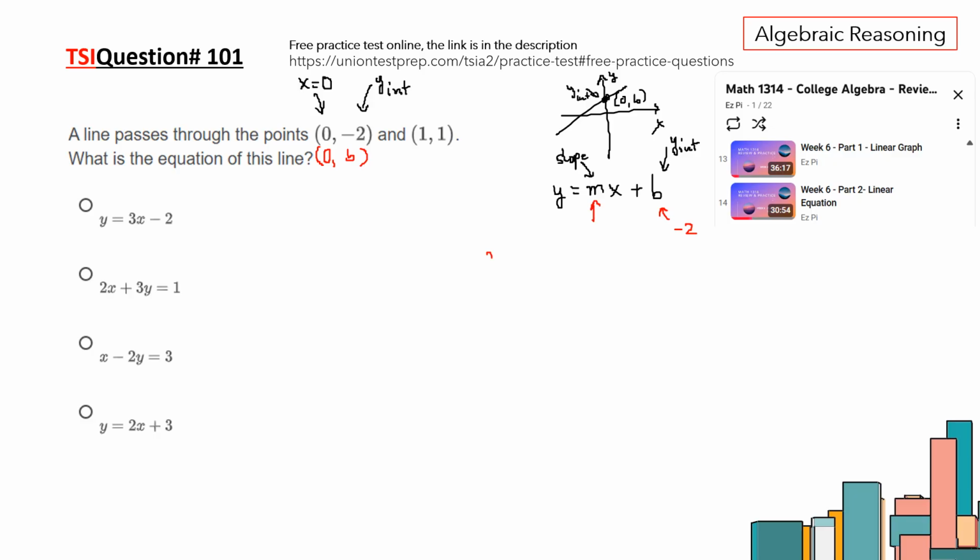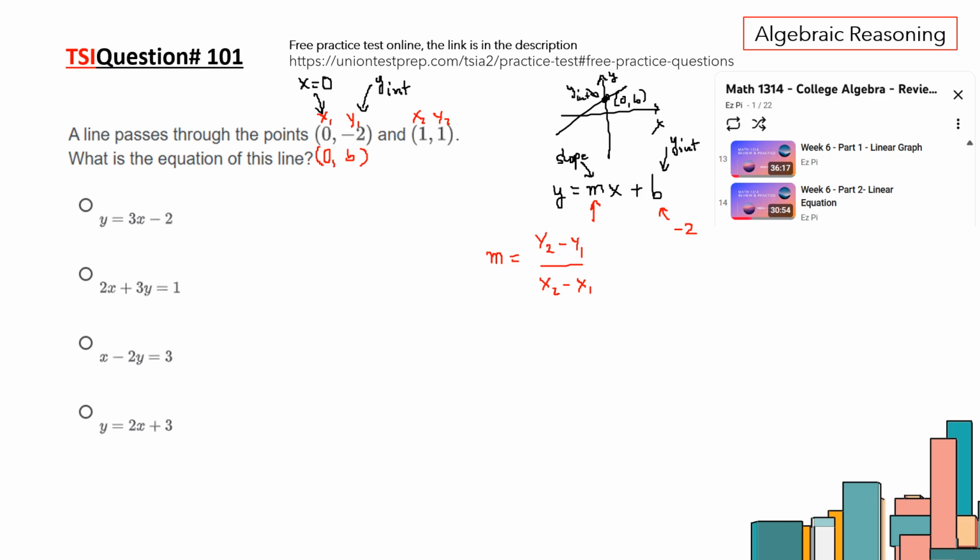If we have 2 points, let's call this one (x1, y1) and this one (x2, y2), then you will have the expression (y2 - y1) over (x2 - x1). That expression will help you find the slope m.